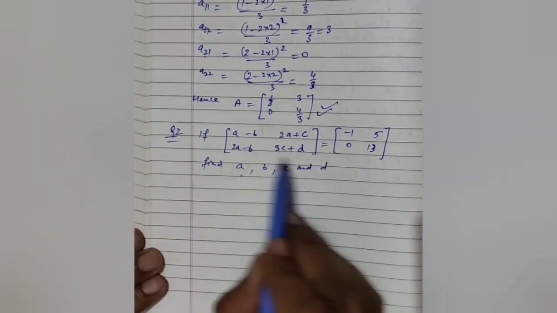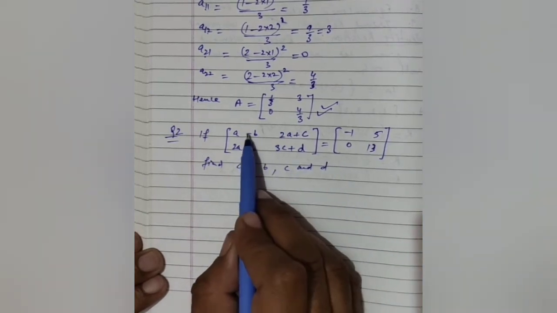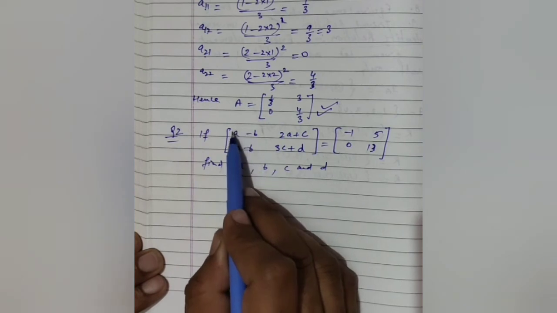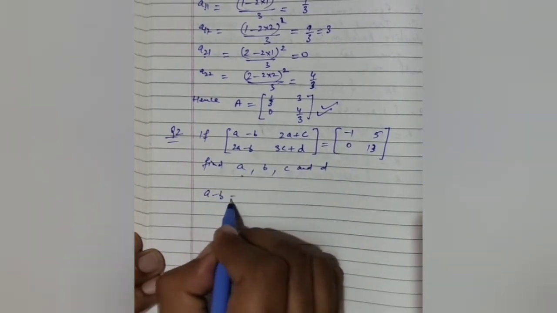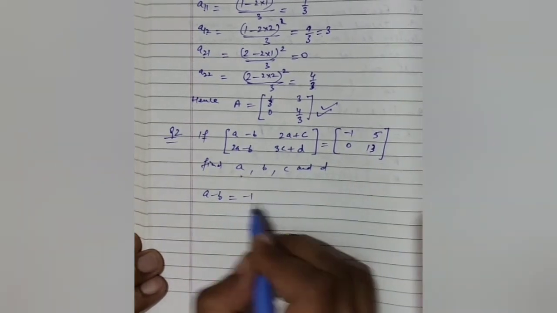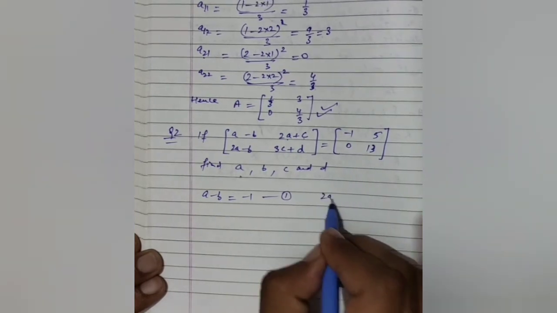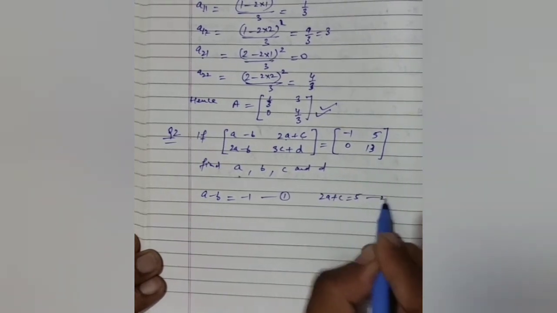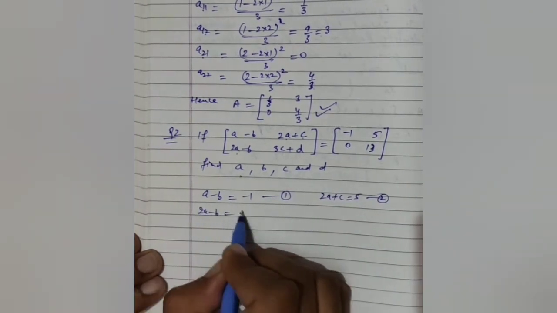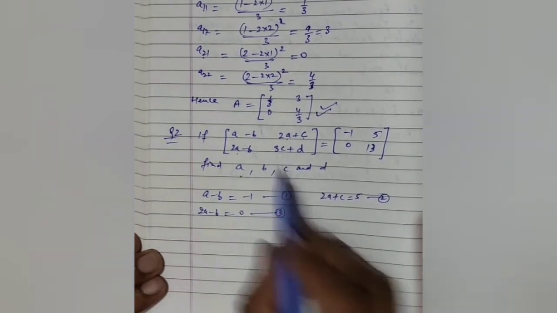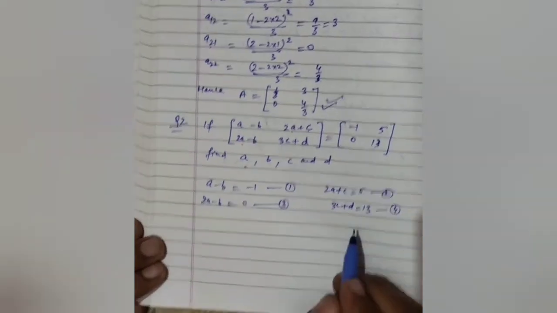Both matrices are equal, so by equality of two matrices, the elements on corresponding positions are equal. So a minus b is equal to minus 1, this is the first equation. 2a plus c is equal to 5, second equation. 2a minus b is equal to 0, third equation. 3c plus d is equal to 13, fourth equation.